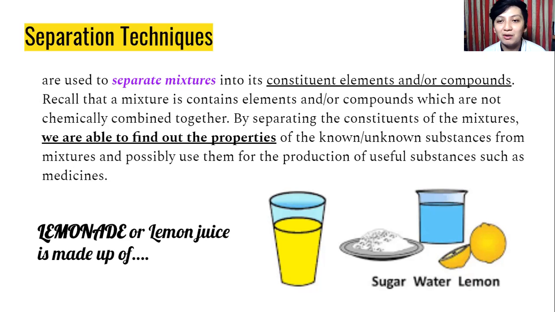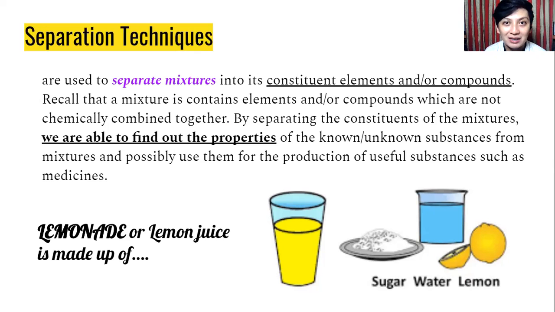By separating the constituents of mixtures, we are able to find out the properties. By this technique, we are able to identify and we can see what are the different components of that mixture, of the unknown substances from the mixtures, and possibly use them for the production of useful substances such as medicines.